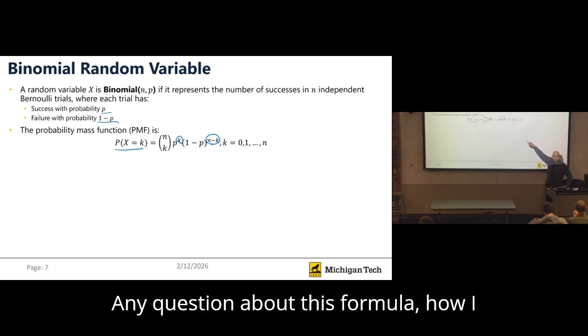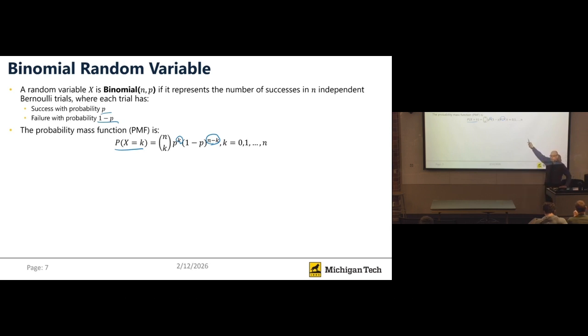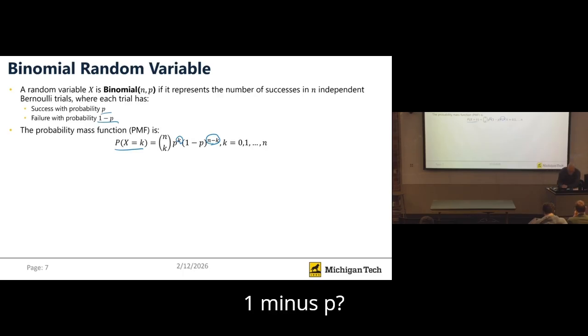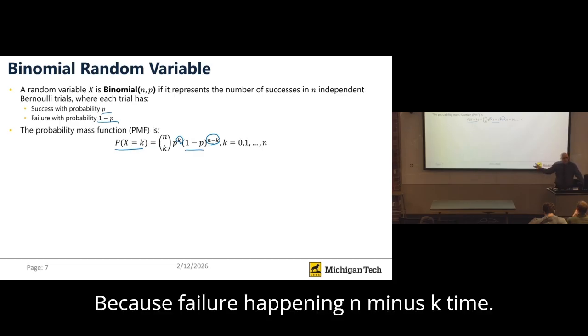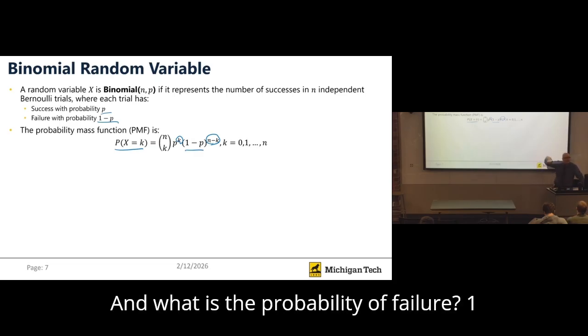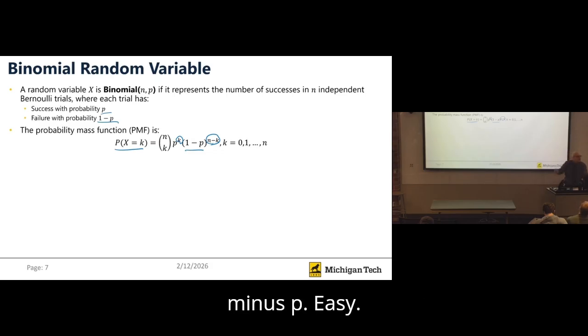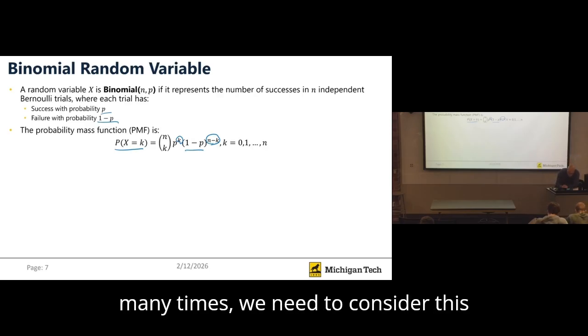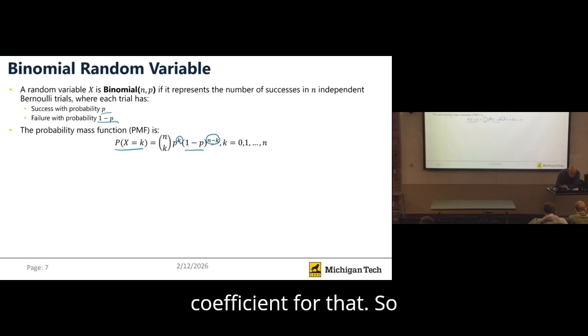Any question about this formula, how I wrote this? For example, why did I put N minus K for 1 minus P? Because failure happens N minus K times. And what is the probability of failure? 1 minus P. Easy. But because we repeat that many times, we need to consider this coefficient.